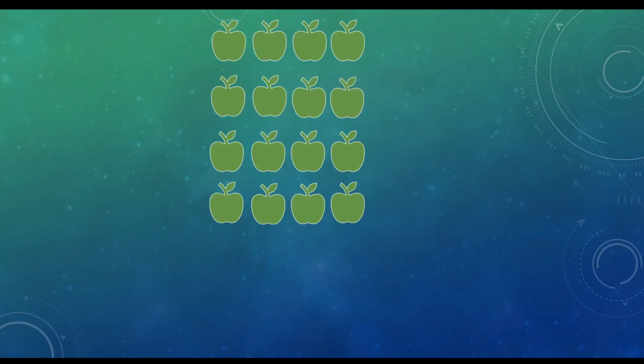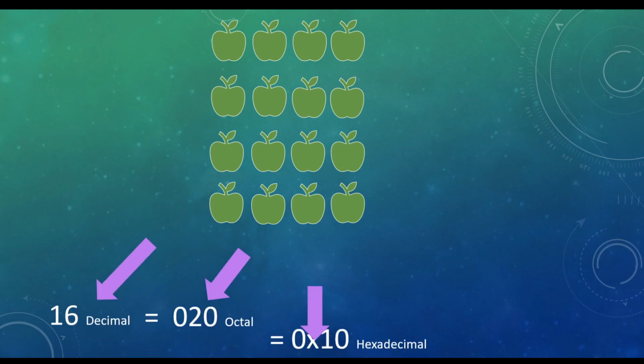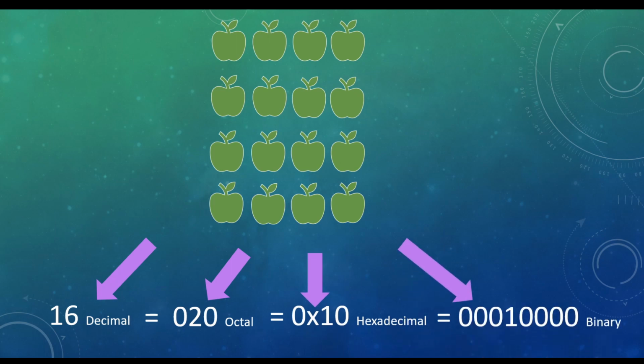In other words, if you have that many apples, it doesn't really matter if you describe it as 16 decimal, 20 octal, hexadecimal 10, or 10000 binary. It's not going to change the quantity or the quality of what you have.